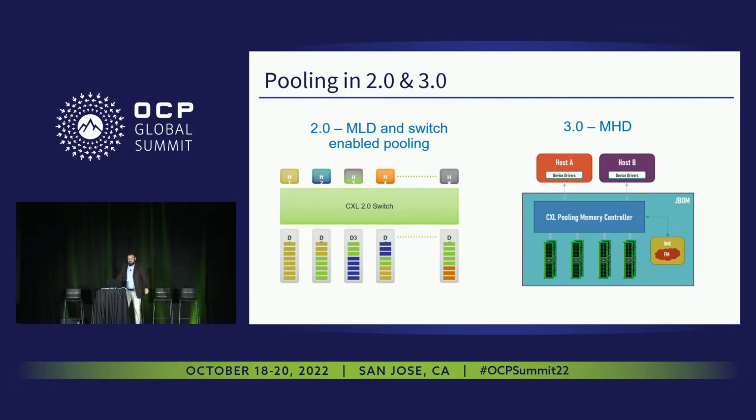So you lose some expansion or composability capability in the multi-headed, but I think what we're seeing is that this is the sweet spot for composability, at least right now, where we get a higher performant memory pool with a lower overall latency compared to a CXL switch.